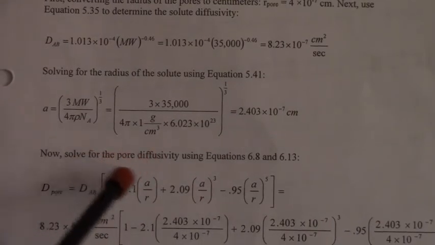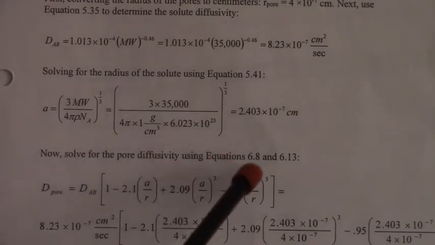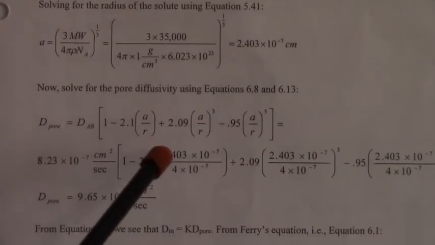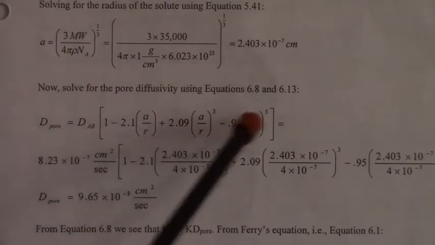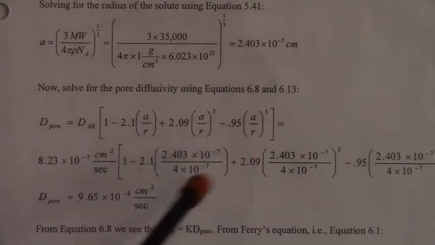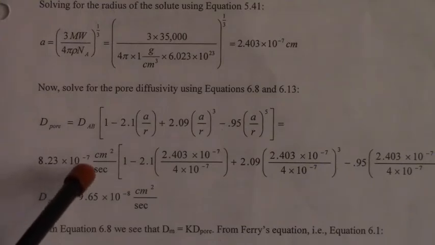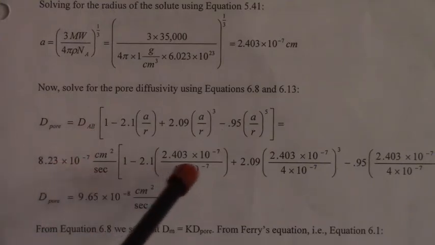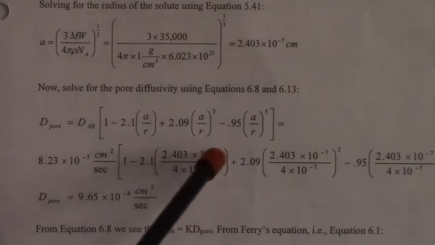And then next we solve for the pore diffusivity using equations 6.8 and 6.13. That calculation is shown next. So here's the equation that you would use, and you'd pop in the diffusivity that we calculated above. Here's the radius of the molecule.